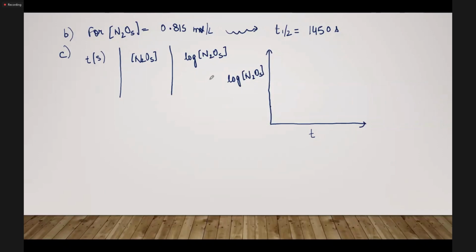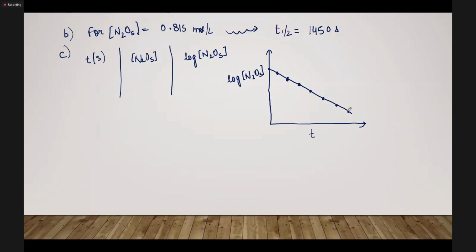Now you plot that. On plotting, you will see that the points of log N2O5 will be lying on a straight line. After joining those points, you will get a perfect straight line. So that means when we are plotting log N2O5 versus time, it is giving us a straight line.